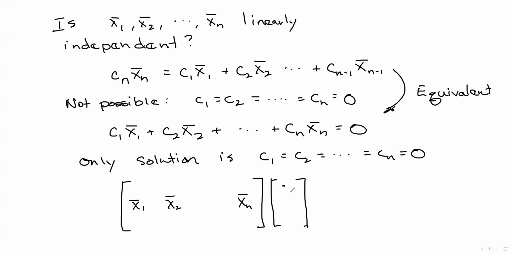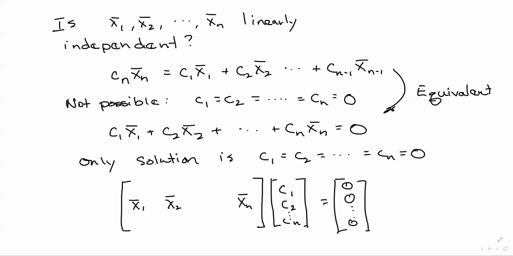Then we could say c1, c2, ... cn equals, so we could take this equation and turn it into a matrix equation. To make it look a little more like the matrix equations we've written before, you can take these vectors and write them out, and it will look a little more familiar.